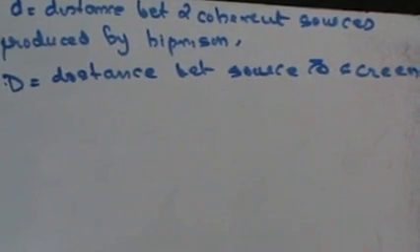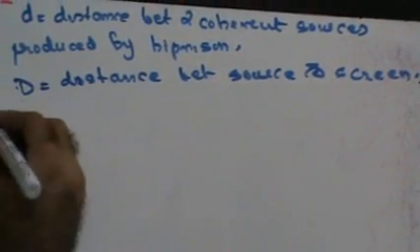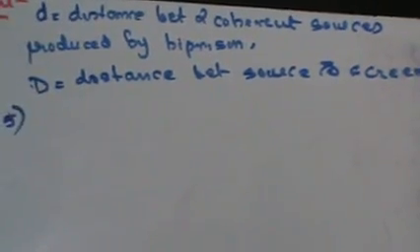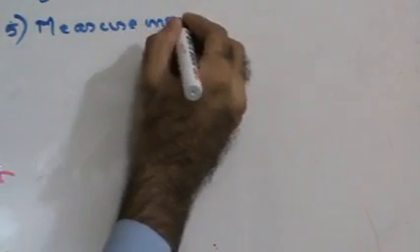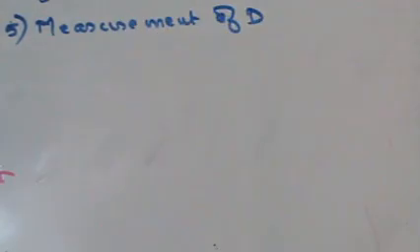Next, how would I determine the measurement of D? How do I find out the distance between the source and the screen? In this experiment, the screen is replaced by a micrometer eyepiece, and the two coherent sources are formed in the plane of the slit.